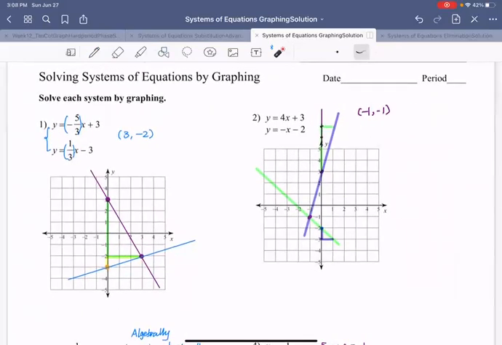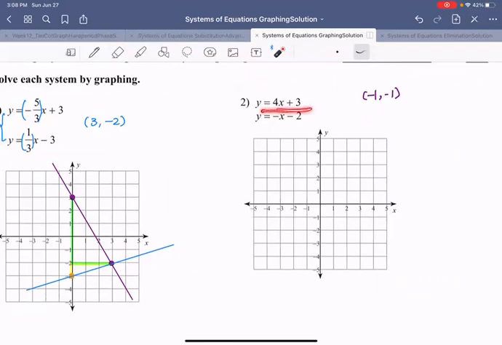Okay. Shangli, let's do number 2. How do we draw the first one? What's the y-intercept? 3. What's the rise over the run? Rise by 4.